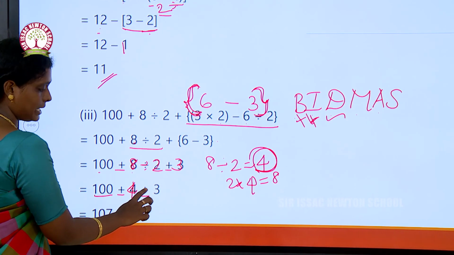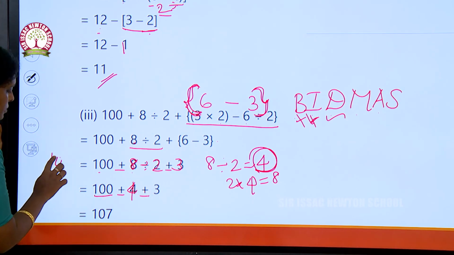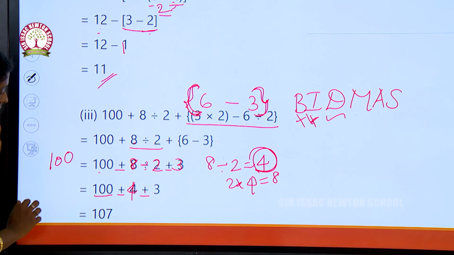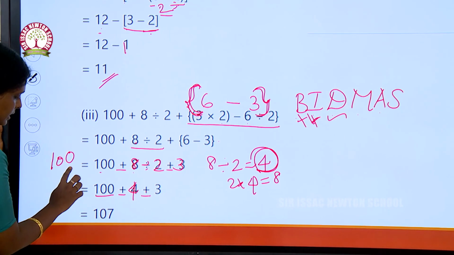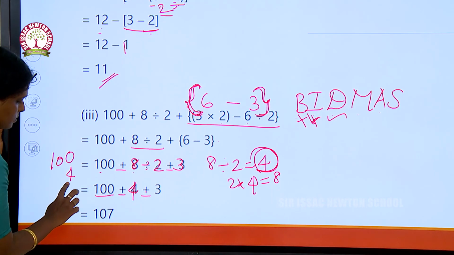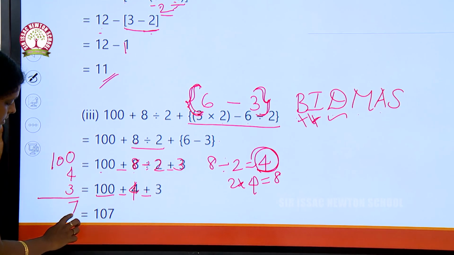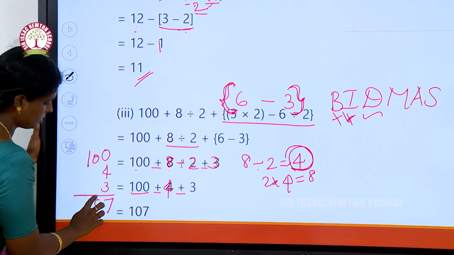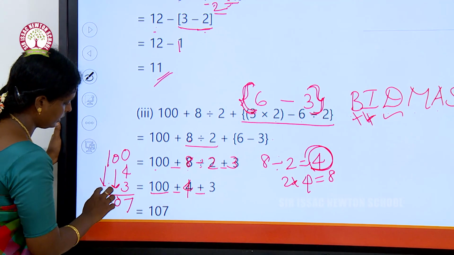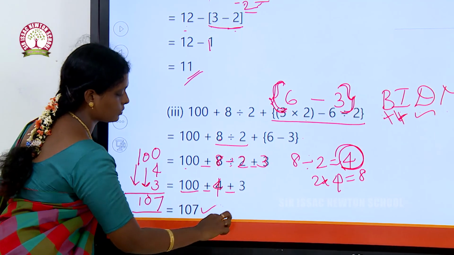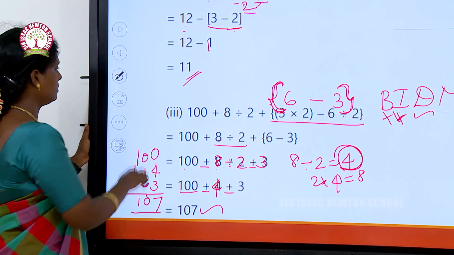So 100 plus 4 plus 3. So I am going to add all these numbers, 100 and 4 and this is also a unit digit, 3. So 4 plus 3 will become 7 and then 0 and then 1. So the answer is 107.